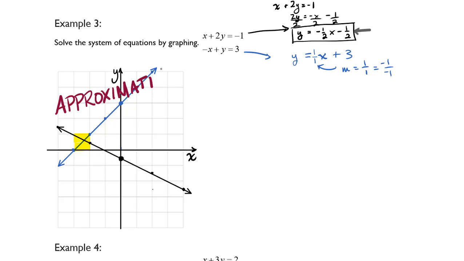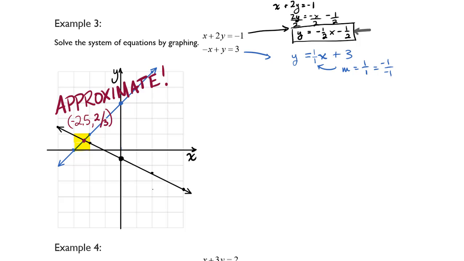My approximate guess is -2.5, up, I don't know, maybe 2/3. I'm going to guess that. So 2/3 is 0.666-ish. So that's my guess.